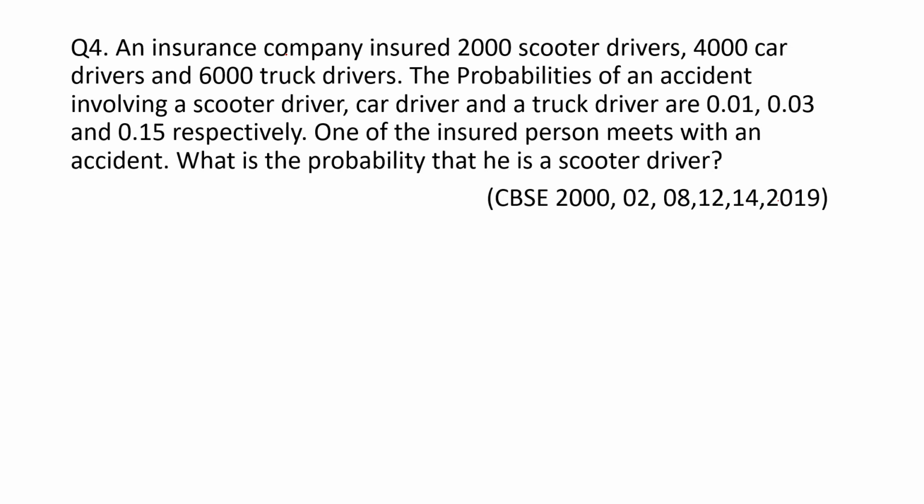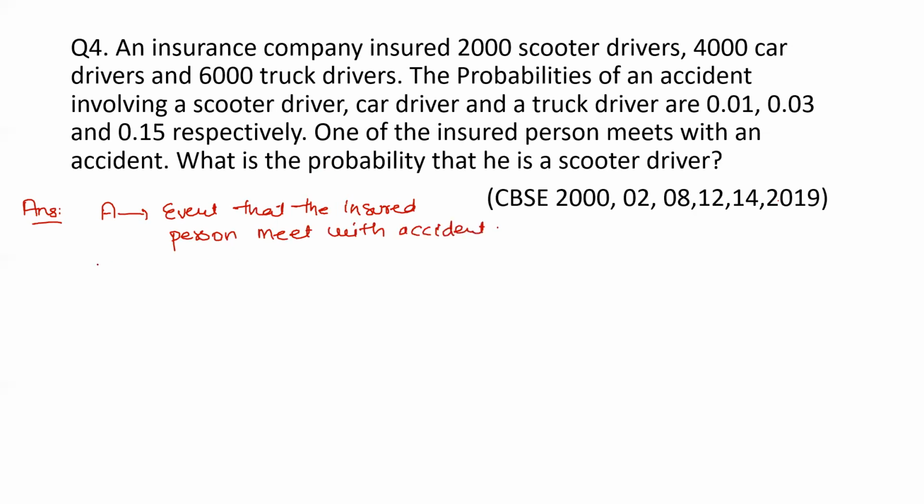So 2000, 4000, and 6000, are they E1, E2, and E3? Again, we will check. Whatever is given, take that as A. So they are saying one of the insured persons meets with an accident. So we'll say A is the event that the insured person meets with an accident. Next, event E, which we need to find.